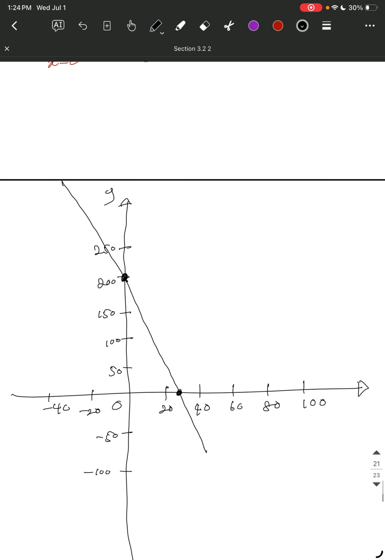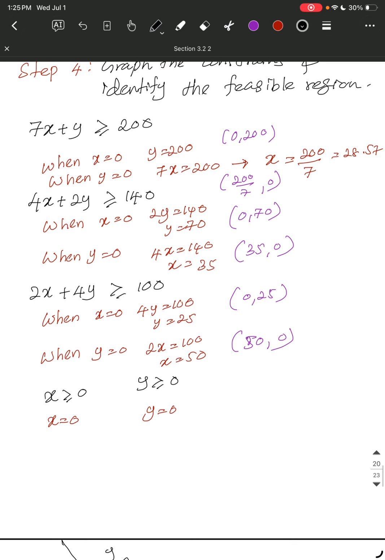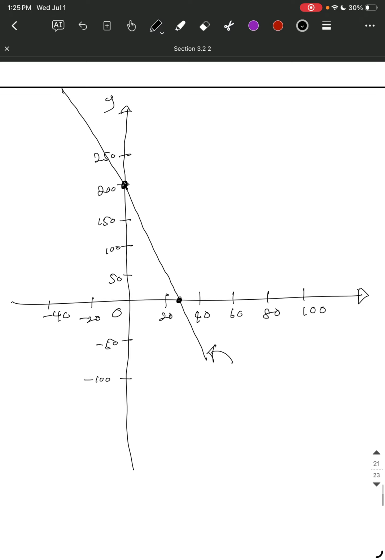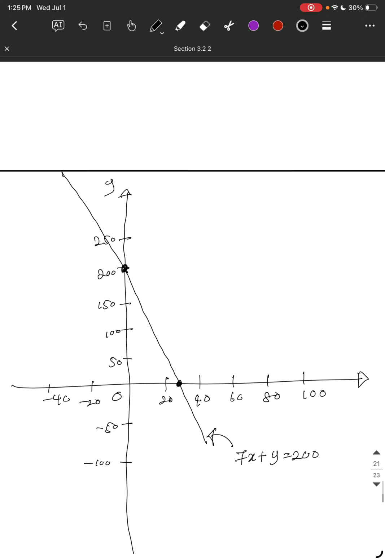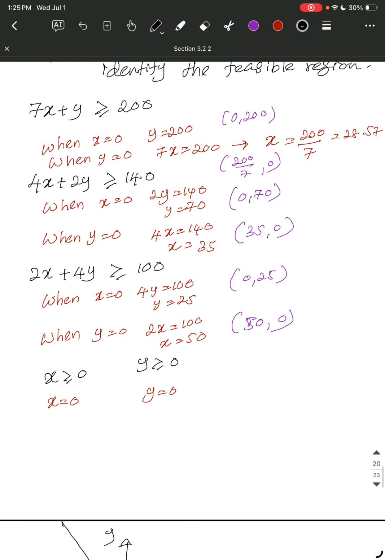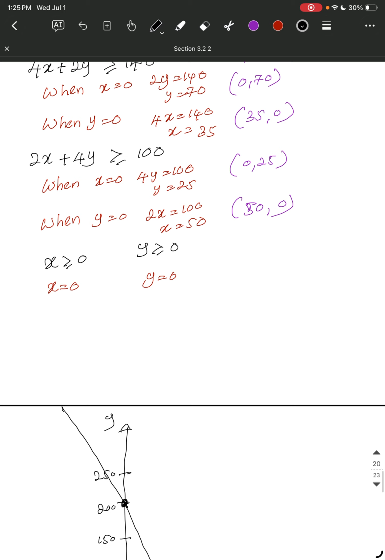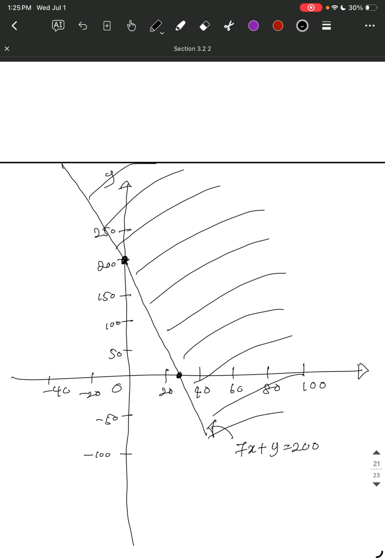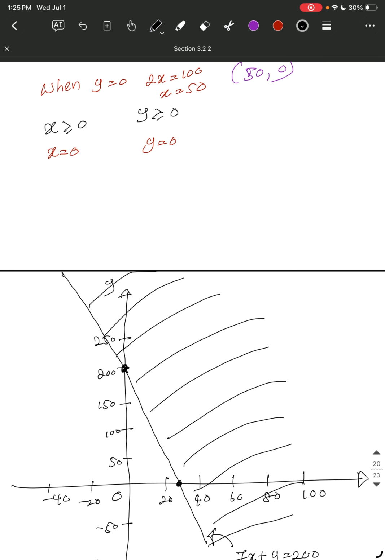So this is the line 7x plus y equals 200. Okay, and the region, when we put in 0, it doesn't satisfy the value greater than 200. So above the line, because of greater than, the feasible region is above the line for the given constraint.